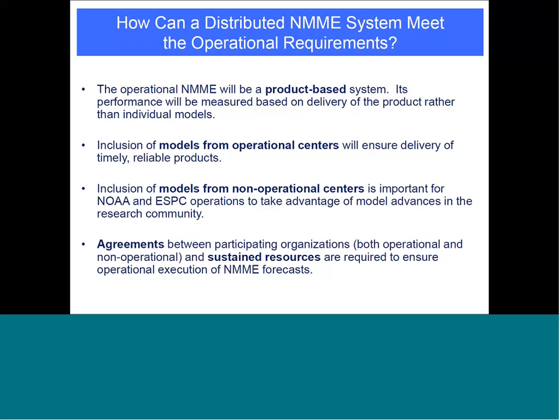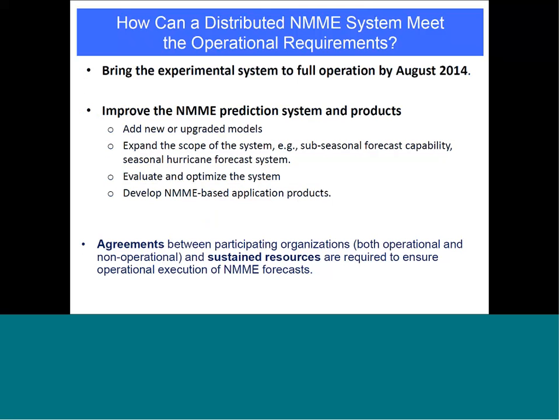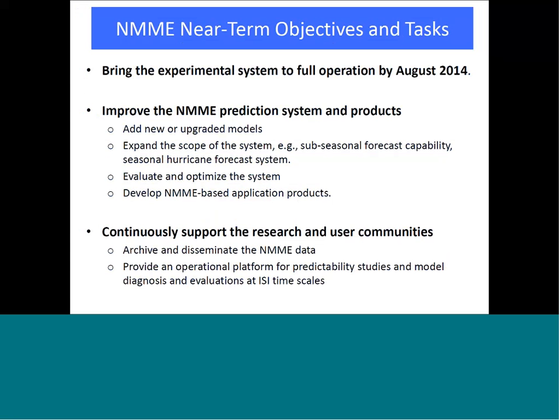So how can this kind of system meet the operational requirements? I'm not going to talk about the detail, but we are already considering that. The near-term objective, after July 2014, is first and most important to bring this experimental system to full operation starting from August 2014, and we need to improve the system.